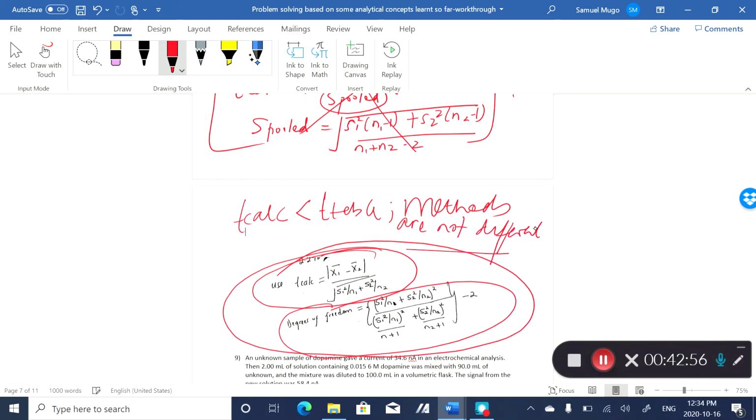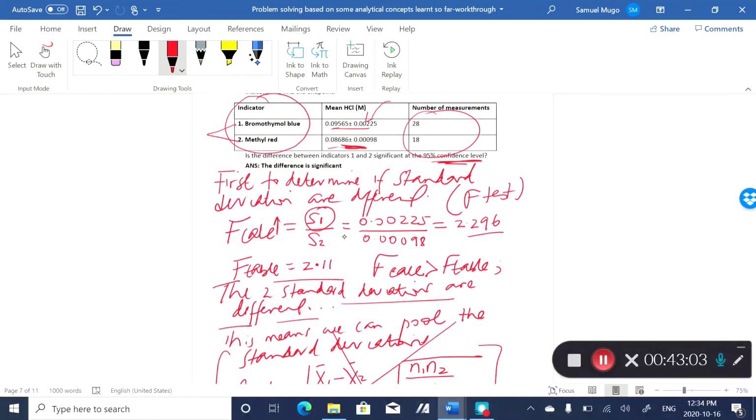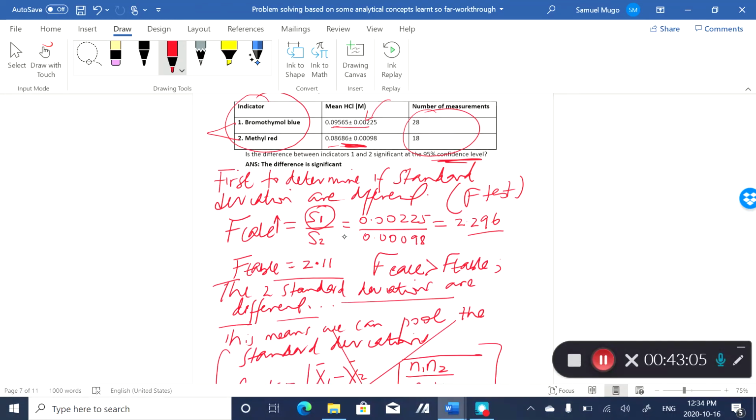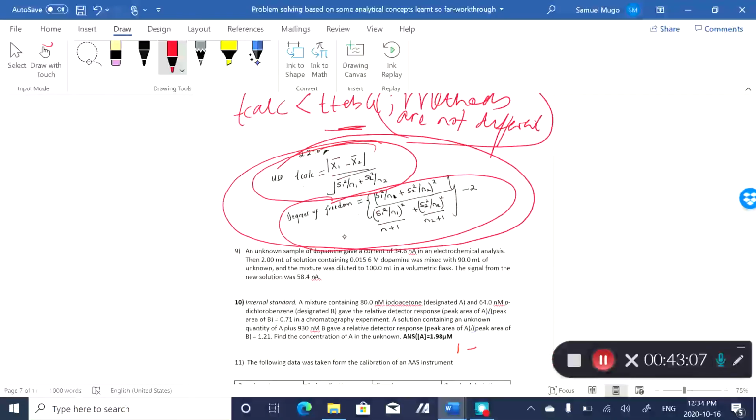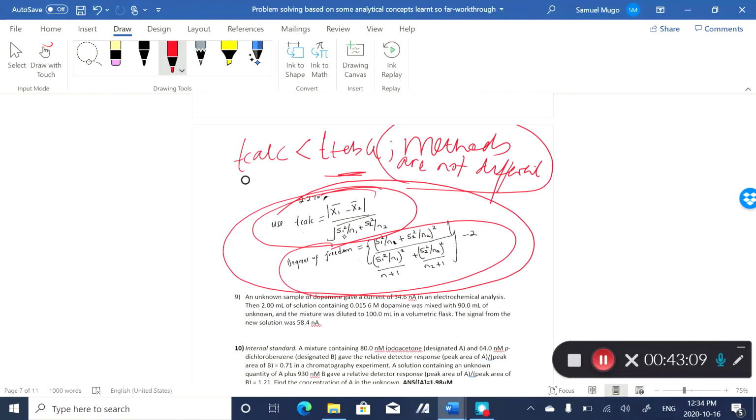And of course, we know how to use the tables. I'll give you the tables and you can do that. So in this problem, you're gonna see there's a difference between the t methods. When you do the t calculated, you're gonna see the t calculated is greater than the t in the table, and for that reason, they are different.